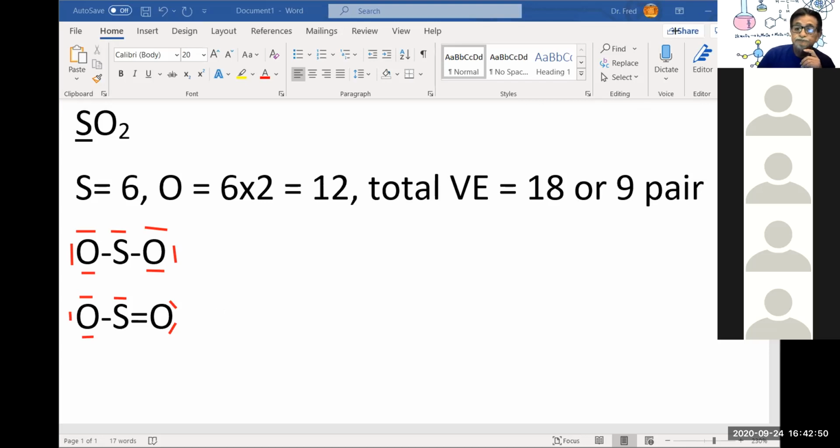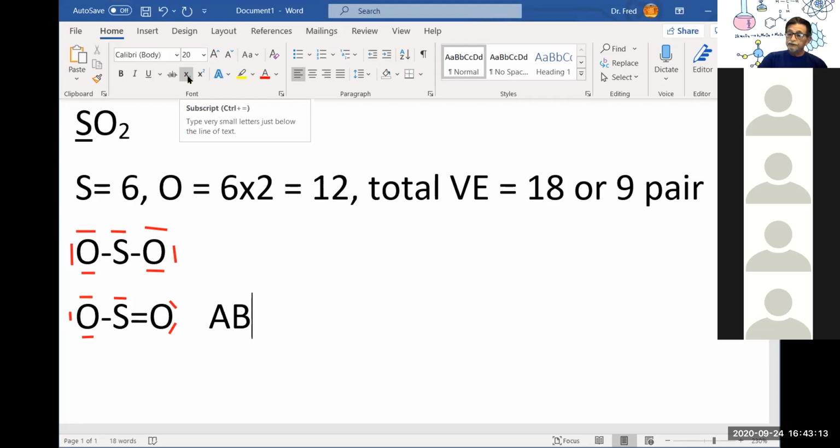Next thing we do is write the general formula. And so it always has A, okay? B would be what? A represents the sulfur.